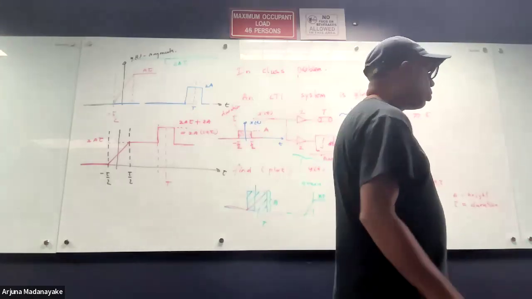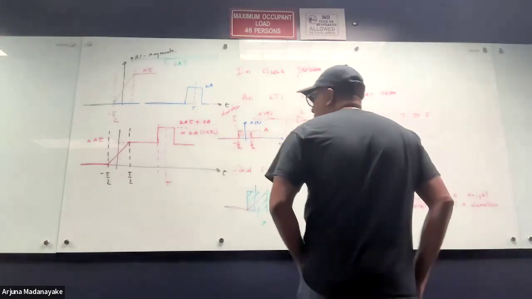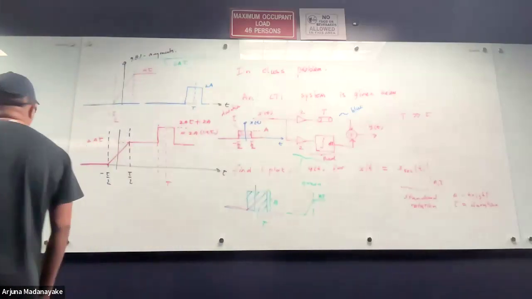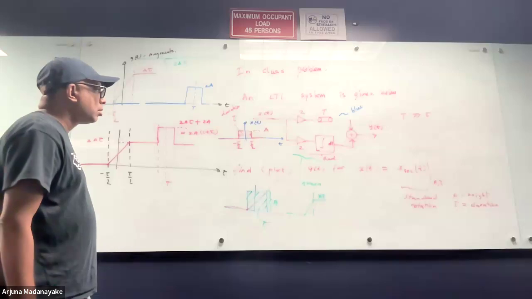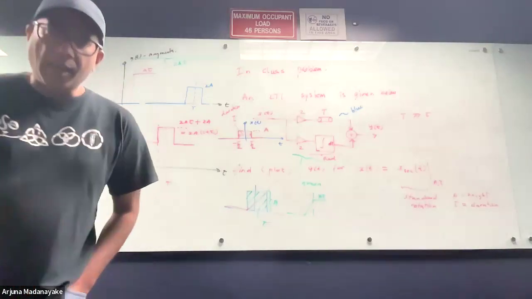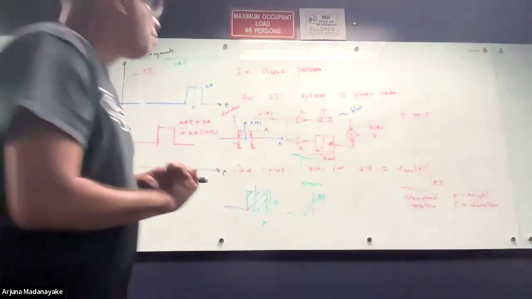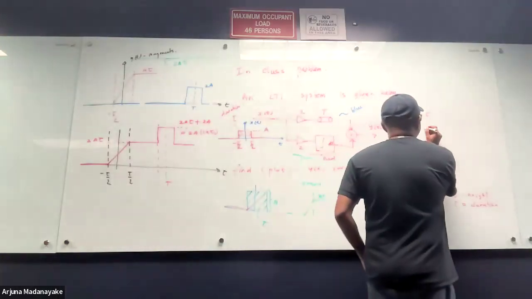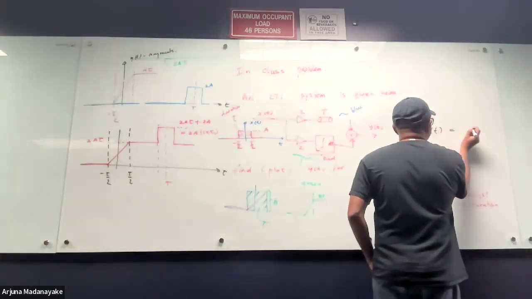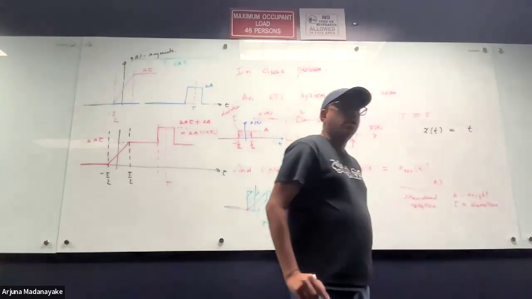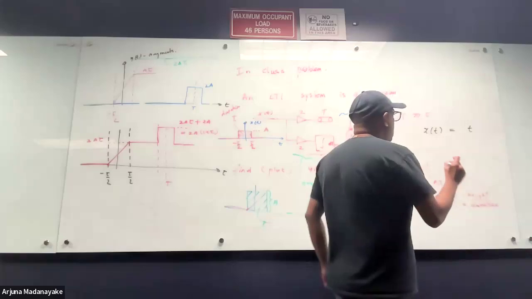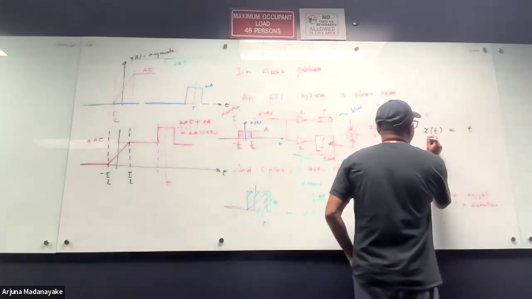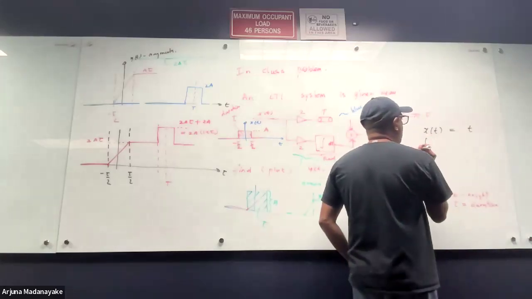So let's take another example where my function is x of t equal to t. If my function is x of t equal to t, the integral of this is what?